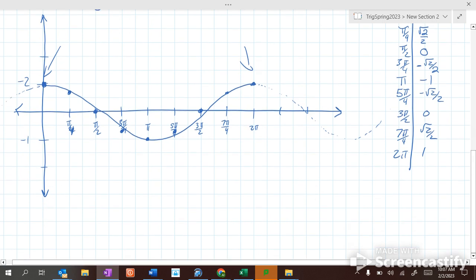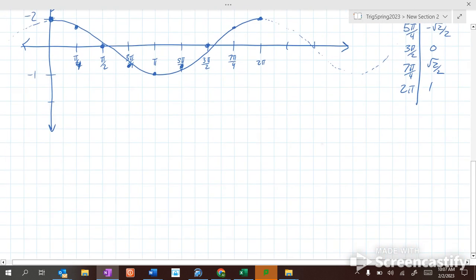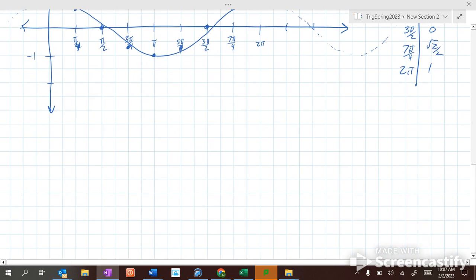What we're going to do with these graphs is make some shifts in them. We're going to shift them to the left, right, up, down, all kinds of things. So what we're going to work on right now is adding and subtracting to shift them around.